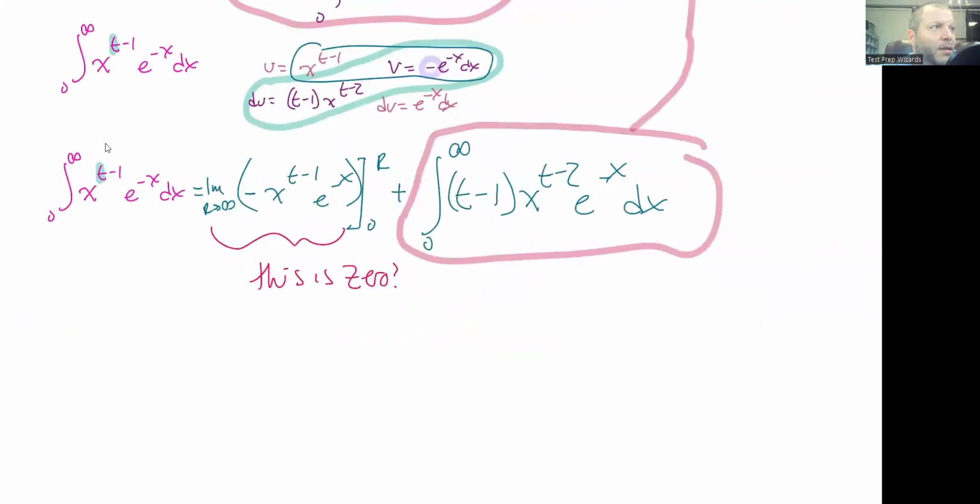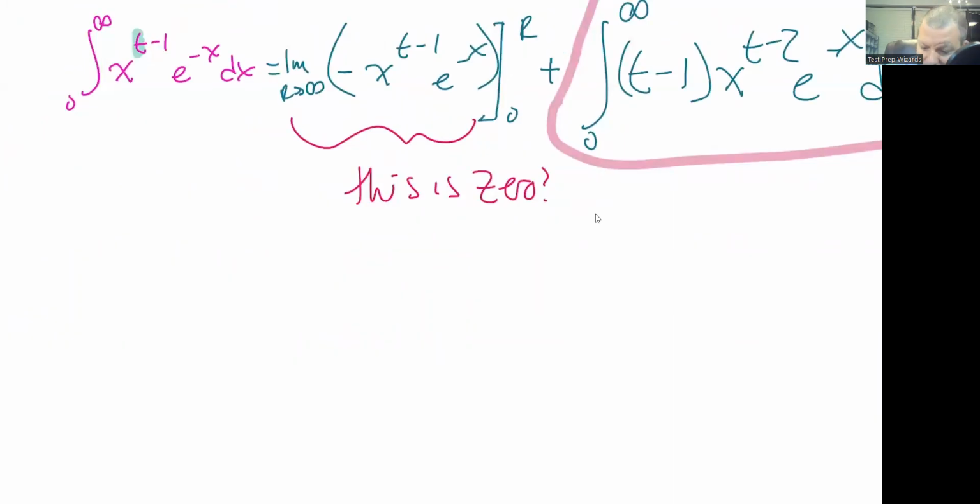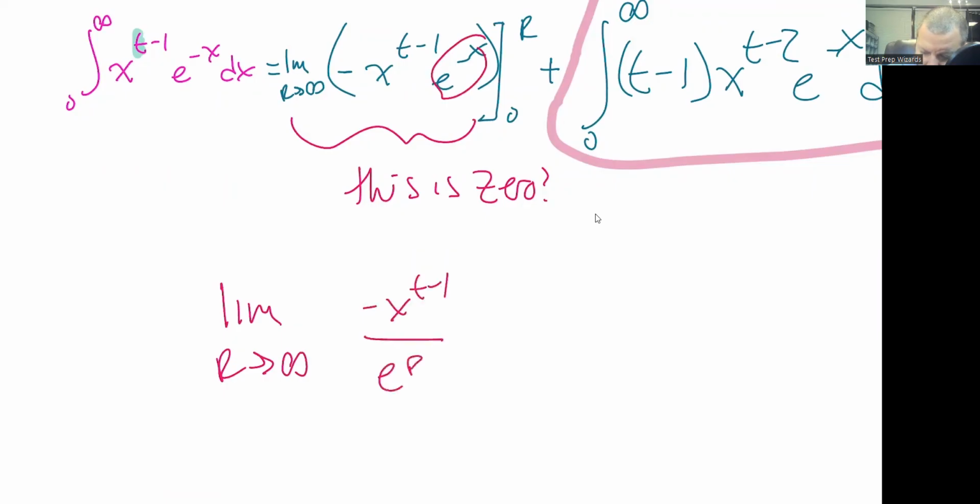Because if we can, then I have gamma t equals 0 plus the thing that we want. So let's go for it. If I take this limit one more time, I get the limit as r approaches infinity of negative x to the t minus 1 over e to the r, minus negative x to the t minus 1 over e to the 0.